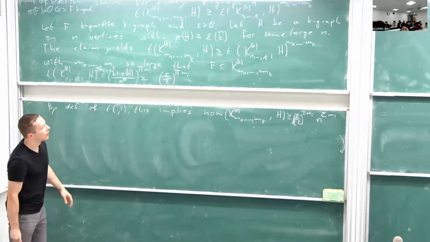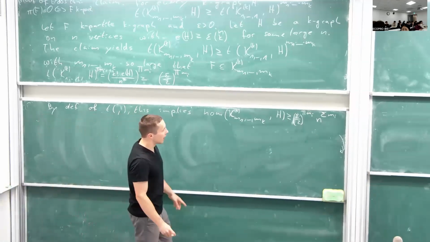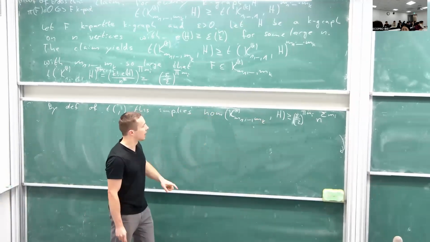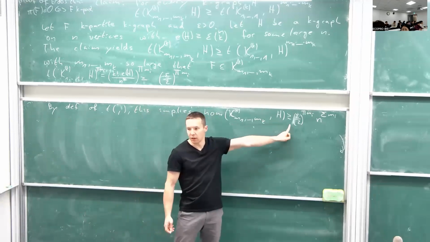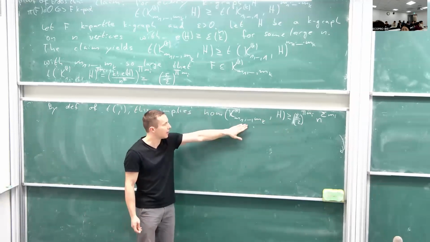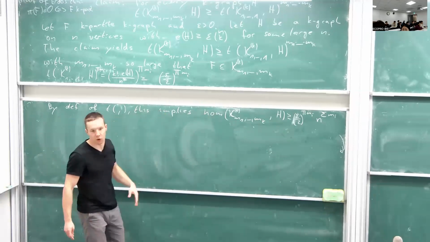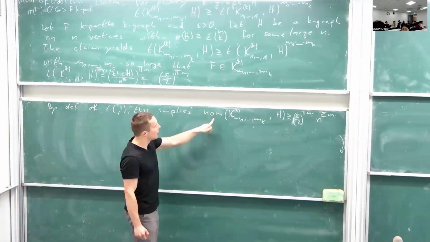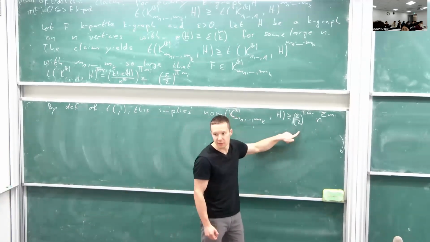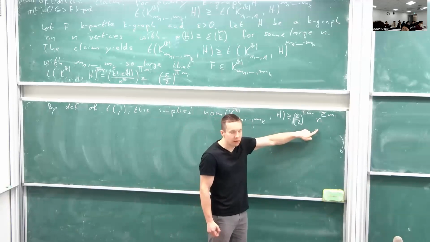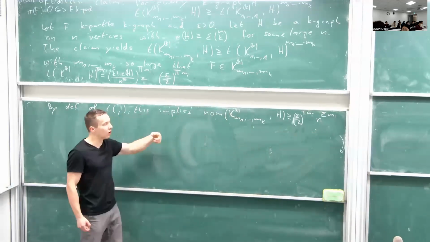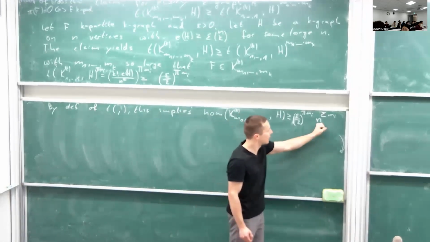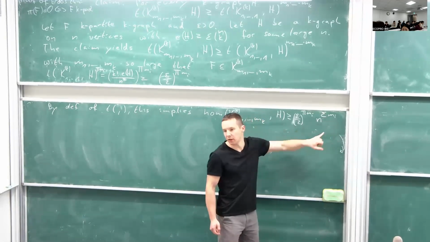Okay. And now the only thing that we need to argue is that we actually find a copy of this in H, right? Because then F is contained in this k-graph, and therefore F would also be contained in H. But we can do that because we know that we have this many homomorphisms. But how many degenerate homomorphisms do we have? So how many non-injective ones? Well, at most some constant times n to the power of this minus 1.